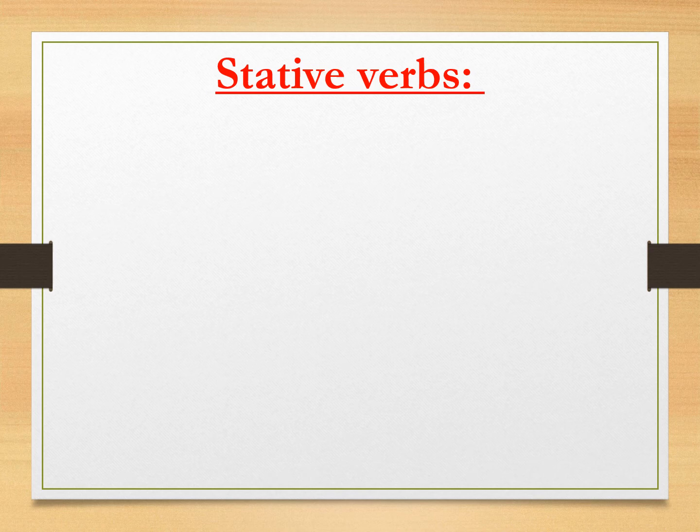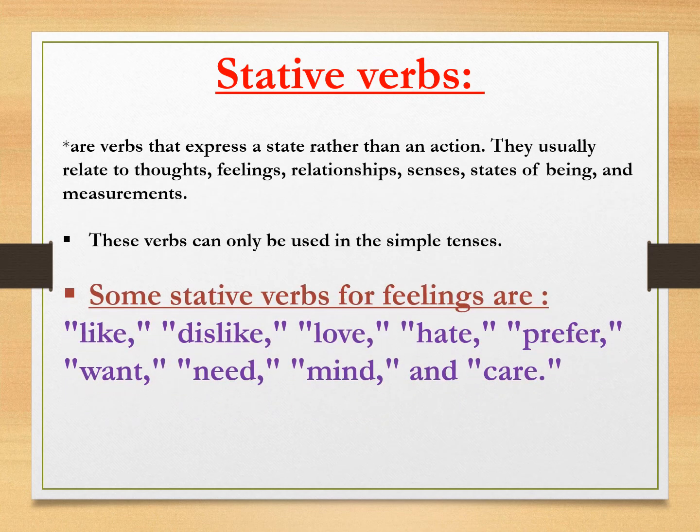Now, let's move to the stative verbs. Stative verbs are verbs that express a state rather than an action. They usually relate to thoughts, feelings, relationships, senses, states of being, and measurements.